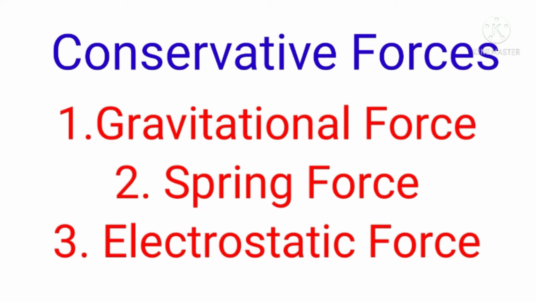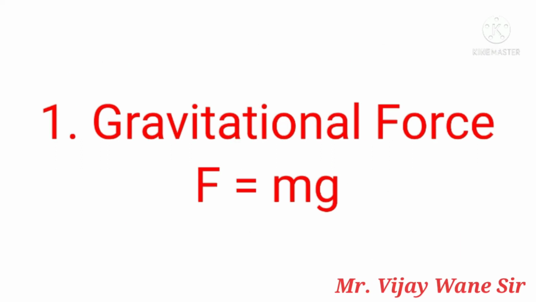In this video, we will just remember some important formulas related to these conservative forces. So let's take one by one. As we have seen, the gravitational force Fg is equal to mass into acceleration due to gravity, that we have studied or you might be studying in future.